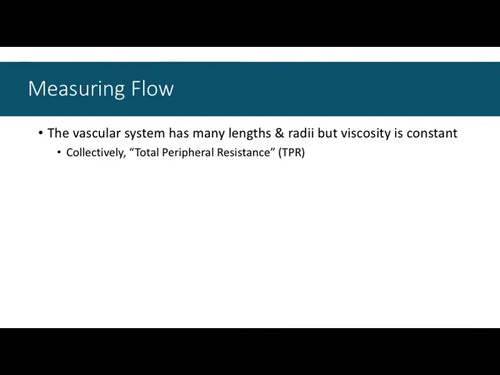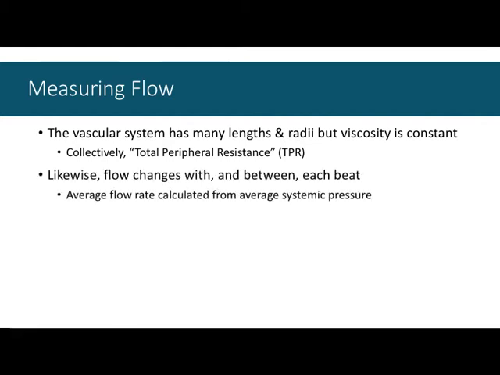So how might we calculate systemic resistance? We need systemic flow and systemic pressure. Now, on a beat-by-beat basis, these will change. If you think about it, during systole, as we eject blood out, there is flow that occurs, and that gradually must slow down. And actually, I'm not even sure if it would stop at a point after systole during diastole before the next beat occurs.